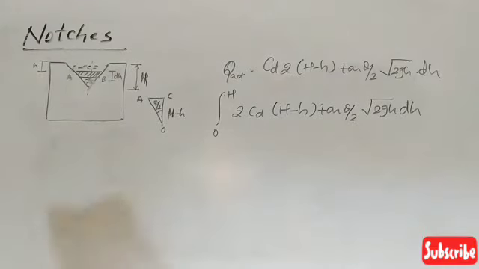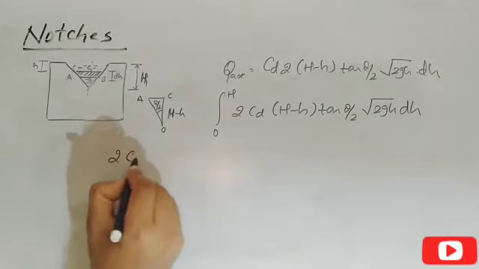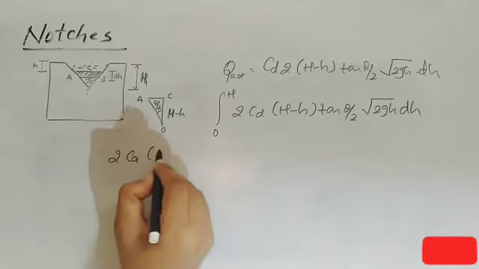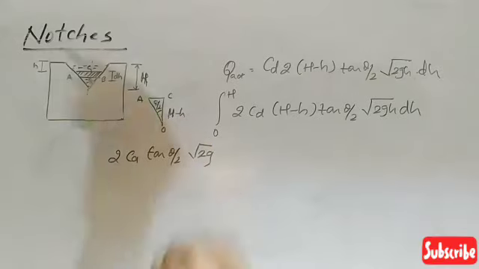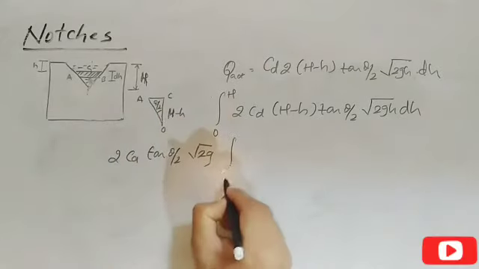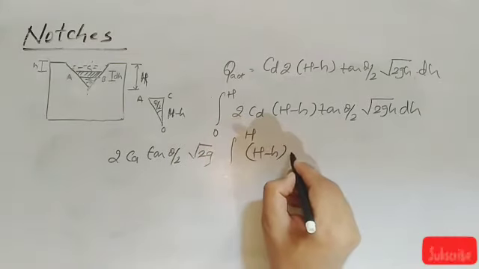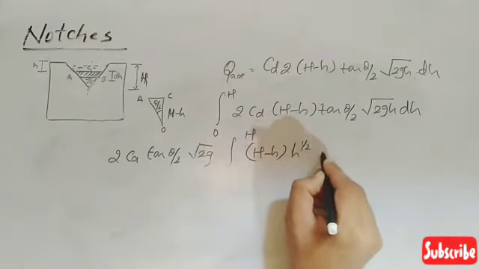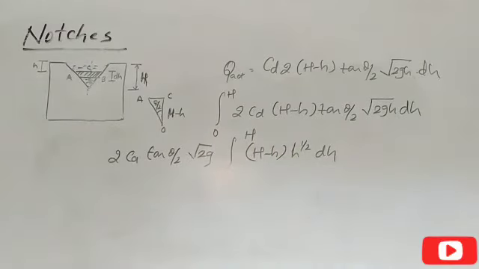Now I will take 2 Cd tan theta by 2 root 2g outside. The remaining term will be (H minus h) times h to the half, so the square root is removed and it becomes h to the half.